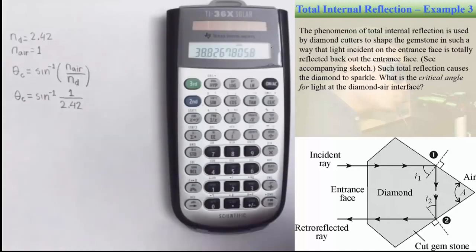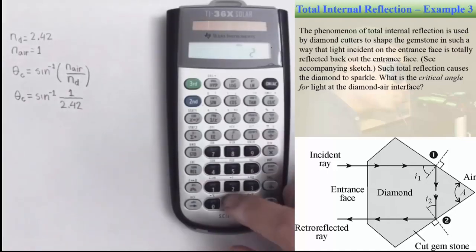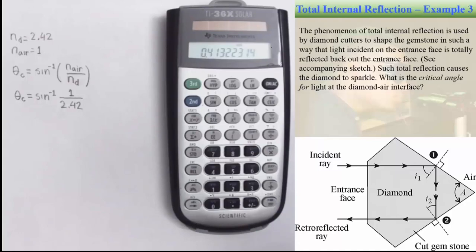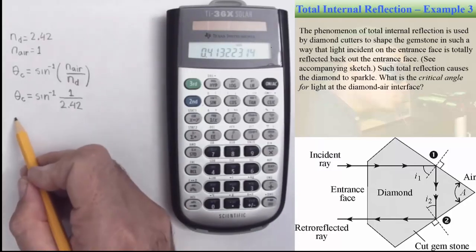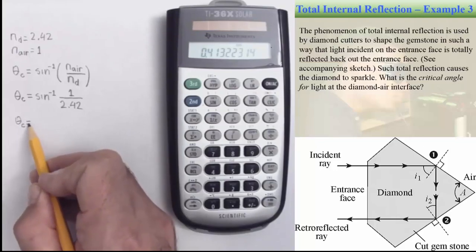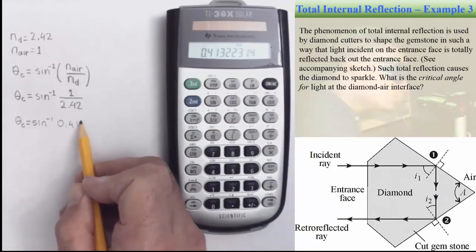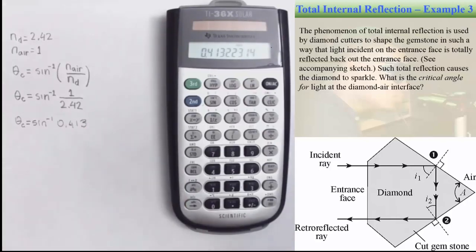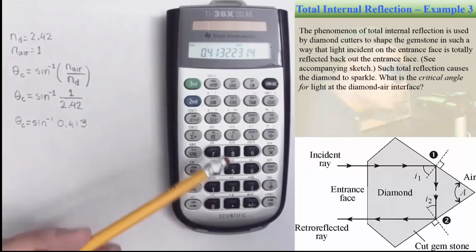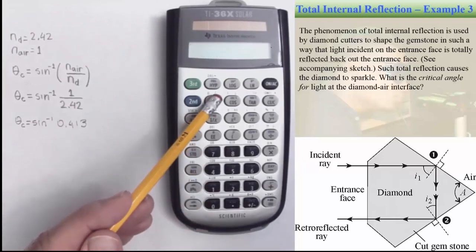If you use the calculator, 1 over 2.42 gives us the value of 0.413. So our critical angle is going to be equal to inverse sine of 0.413. And then you can calculate the inverse sine by hitting the second function, blue button, inverse sine.